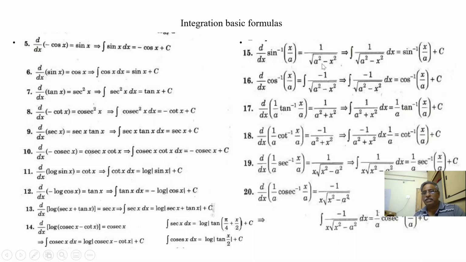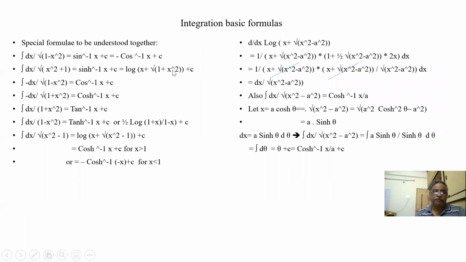x square plus a square, x square plus 1, gives us sine h inverse x. Same thing as earlier. See, dx by root of x square plus 1 is sine h inverse x, or log x plus root of x square plus 1. Root of x square minus 1 is cos h inverse x. So these two, let us memorize. The others we know.